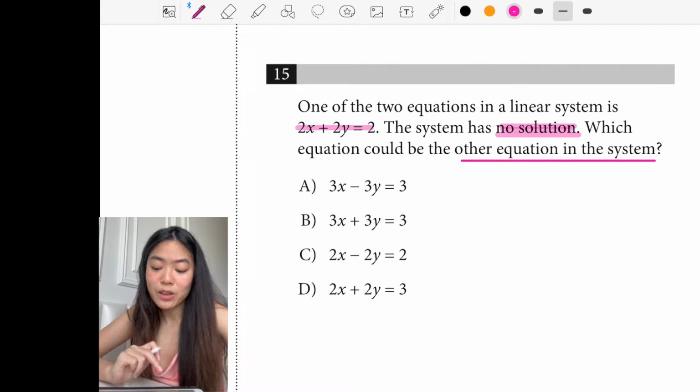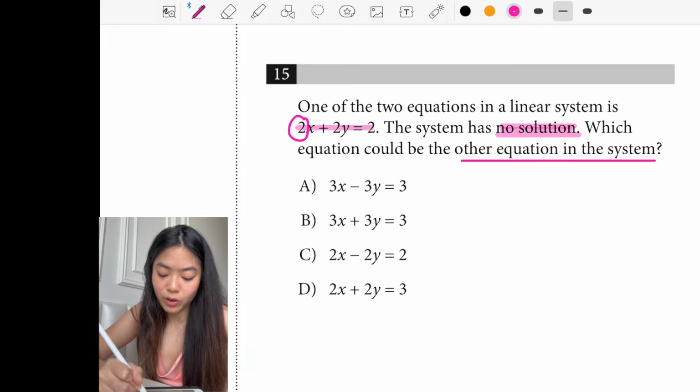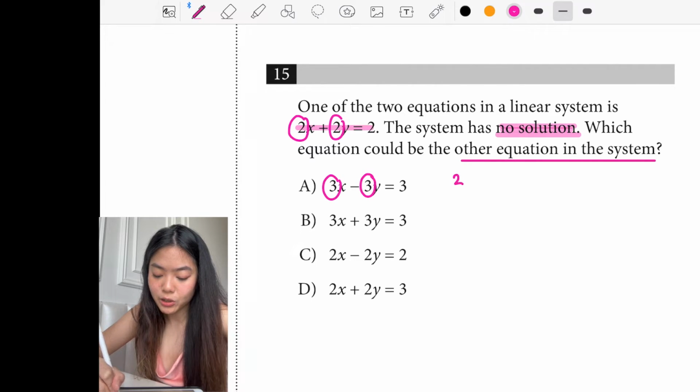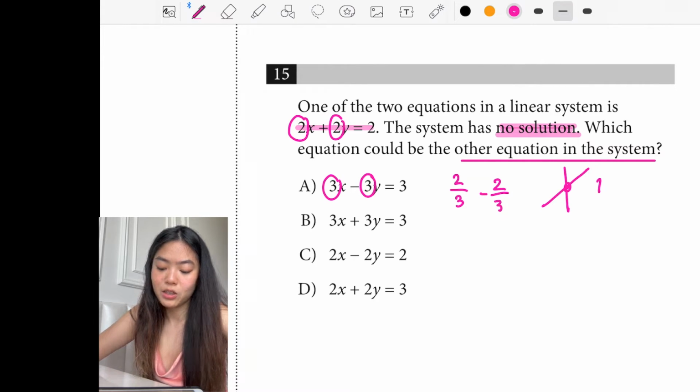In this case we can quickly check the slope, using the number in front here divided by this value. The first one here is 2 over 3 and 2 over negative 3. This one has a different gradient, so it should have one solution. This one is wrong. Then we quickly check 2 over 3, 2 over 3. This one is the same, so it's parallel.